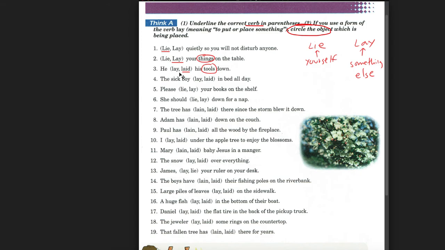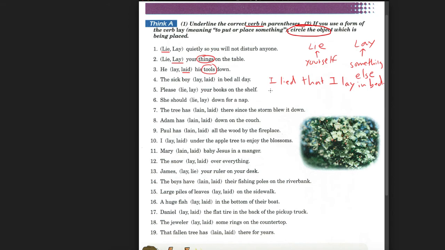So why is it not lay? Remember the trick I told you guys. What was it? I lied that I lay in bed. Or I will lay the Lay's chips.